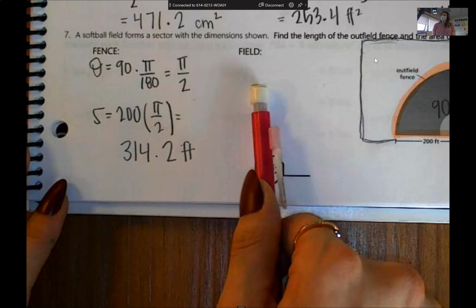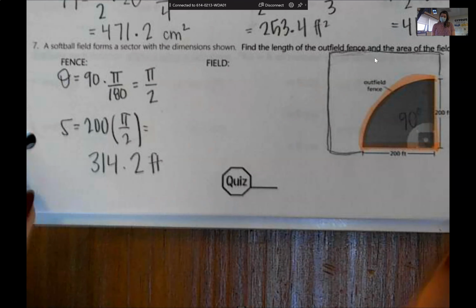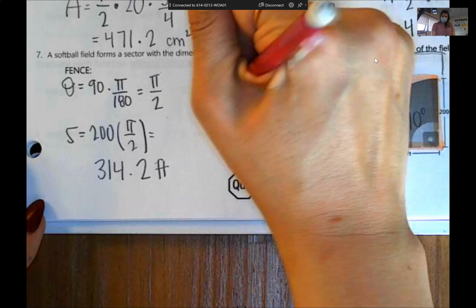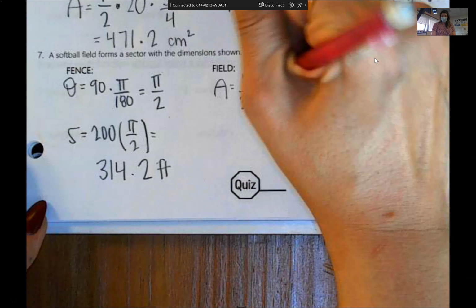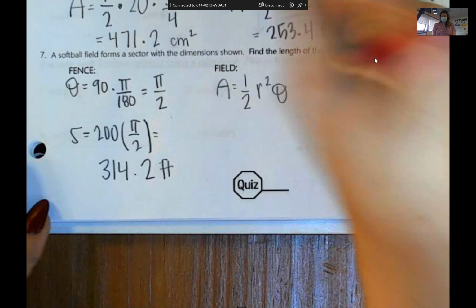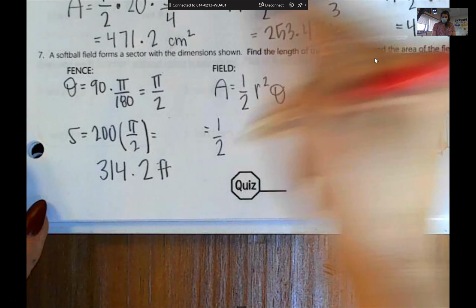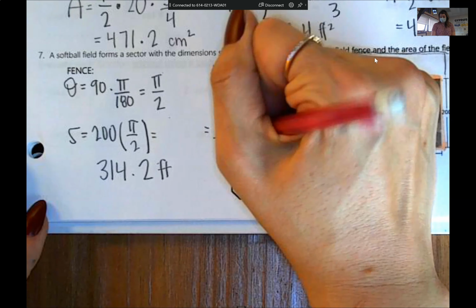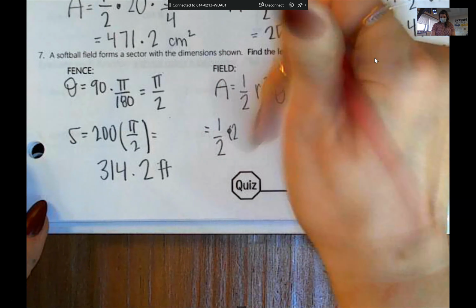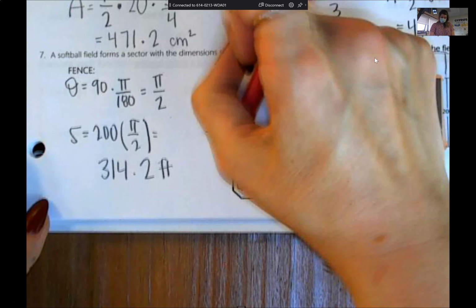Now we want the area of the field, and remember, our formula for area is different. It's 1/2 r squared theta. So 1/2 r squared was 200. Theta was pi over 2.